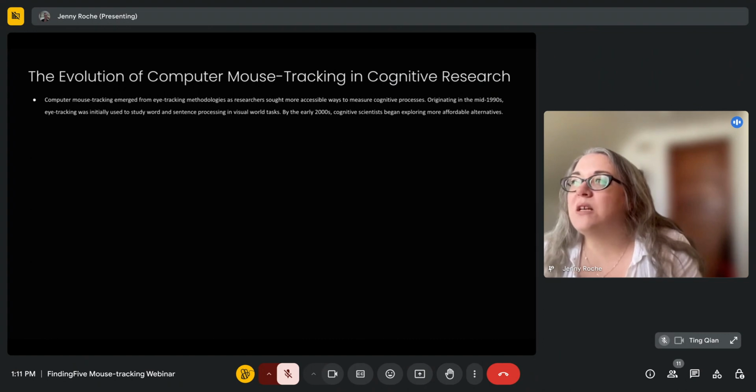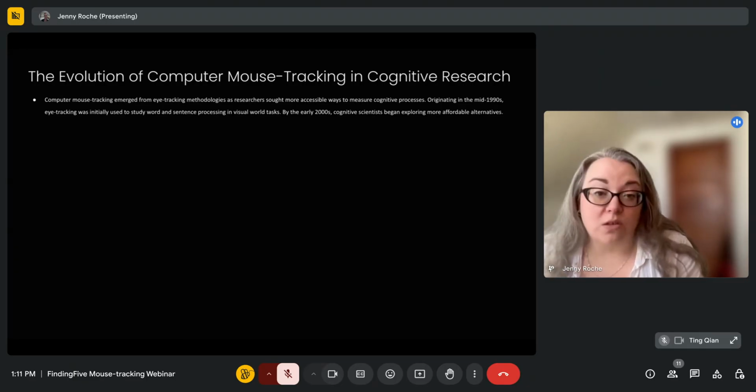So, originating somewhere around the mid 1990s, eye tracking was initially used to study word and sentence processing in visual world tasks. But by the early 2000s, cognitive scientists were exploring more affordable alternatives. Anybody that's looked into the cost of an eye tracker knows, some 10 years ago when I got my eye tracker, it was over $30,000.